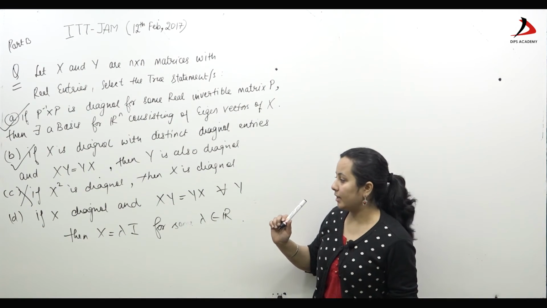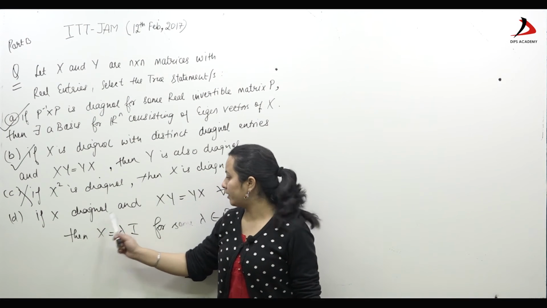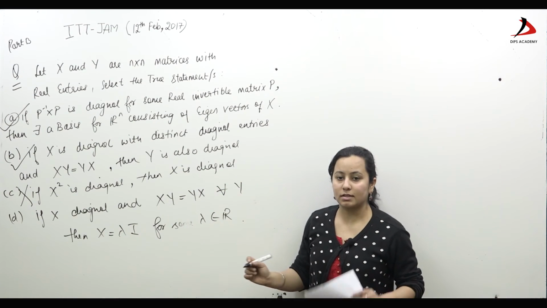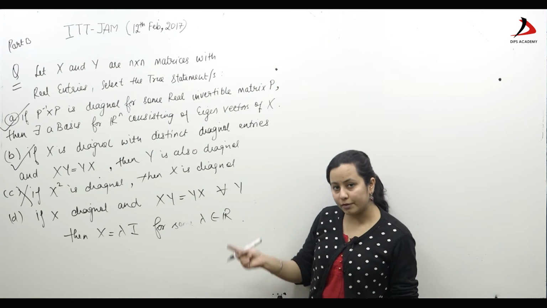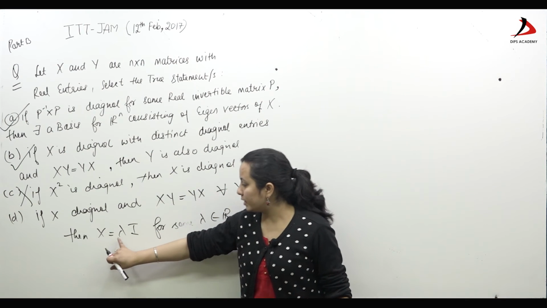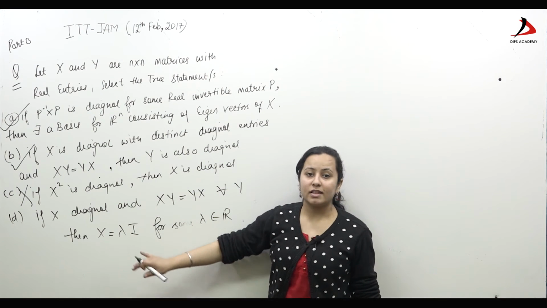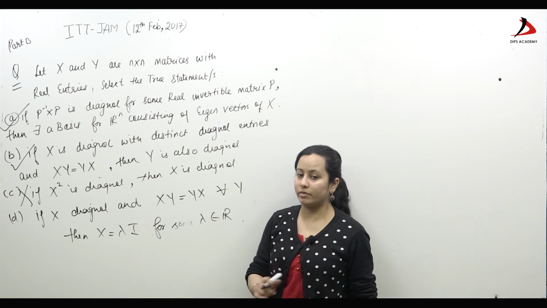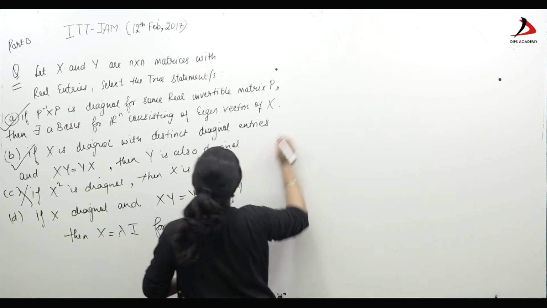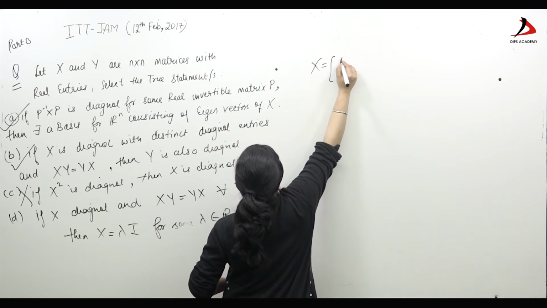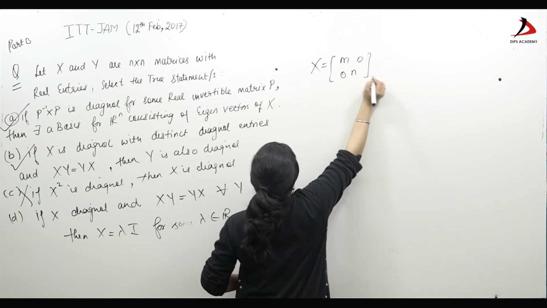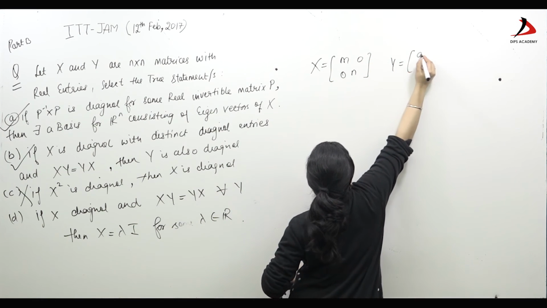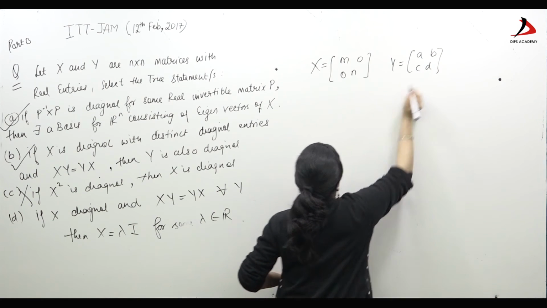Option D states that if X is any diagonal matrix and XY equal to YX, and X commutes with every matrix, then X has to be some lambda times I, that is X has to be a scalar matrix. Now let us suppose X to be any diagonal matrix and Y to be any matrix a, b, c, d.